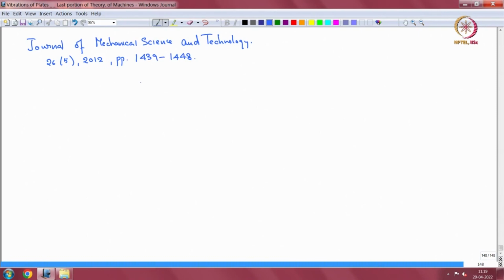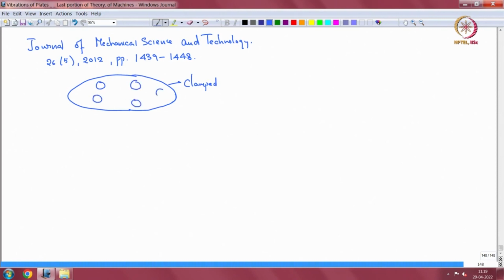Now, what do the authors propose? They have a circular plate with some boundary condition, say clamped boundary condition, and inside they have multiple holes.